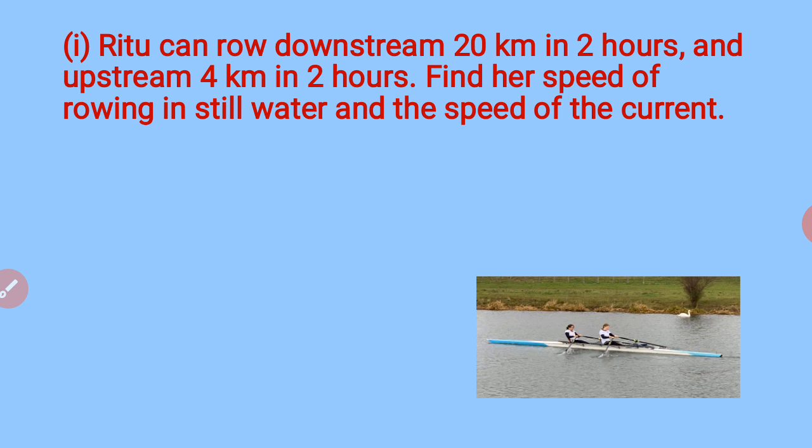Now, children, the best way of solving and understanding the question is keeping yourself in Ritu's place. So, now you start considering yourself to be this Ritu and you are going downstream and upstream. I hope you understand what downstream and upstream is. There are 2-3 conditions.